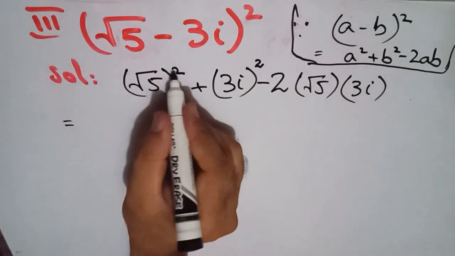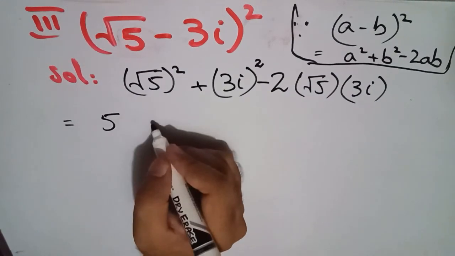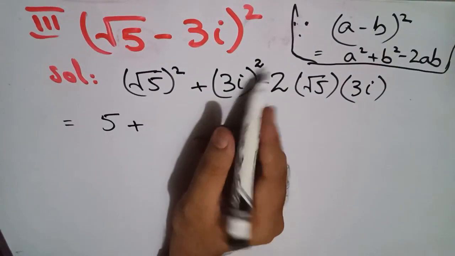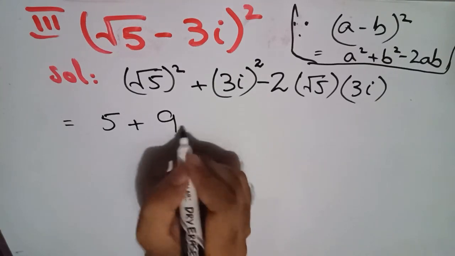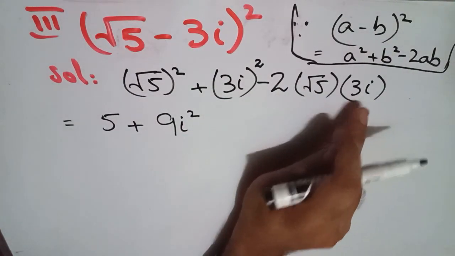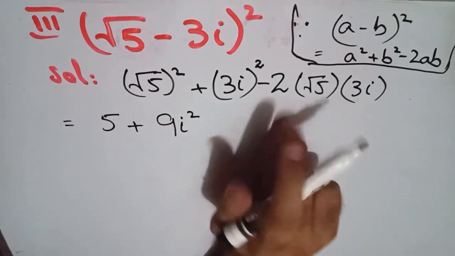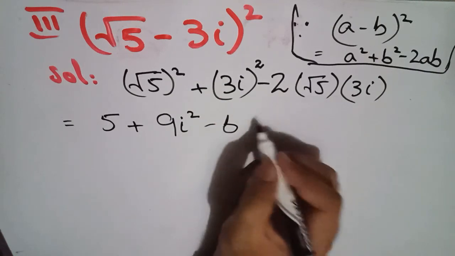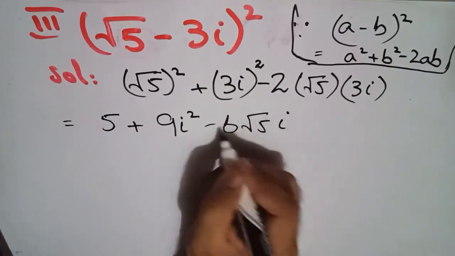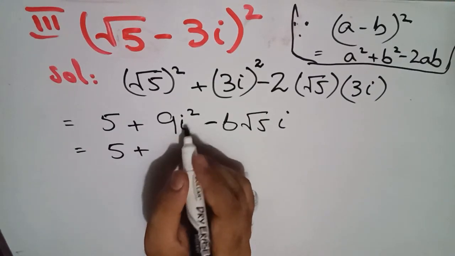So square will be cancelled out with the square root, and there will remain 5 plus 3 iota square, meaning to say 9 iota square, minus 2. 2 will be multiplied with this digit, not with this, because it is in under root form. So 3 2s are minus 6 under root 5 iota. It can be written as 5 plus 9 iota square.